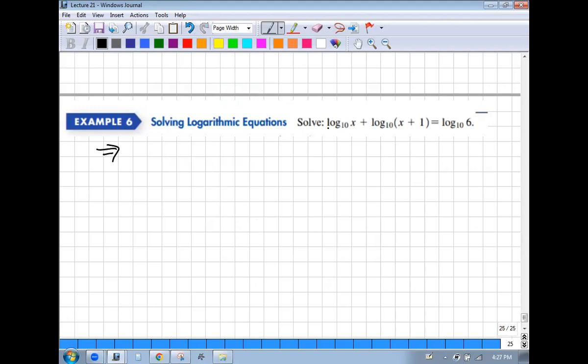This guy, since there's no numbers out front, we can combine these. Log base 10. Since we're adding, this is going to be x times x plus 1. If you're adding the logs, you can combine them, but you have to multiply the arguments. And the other side stays the same for now.